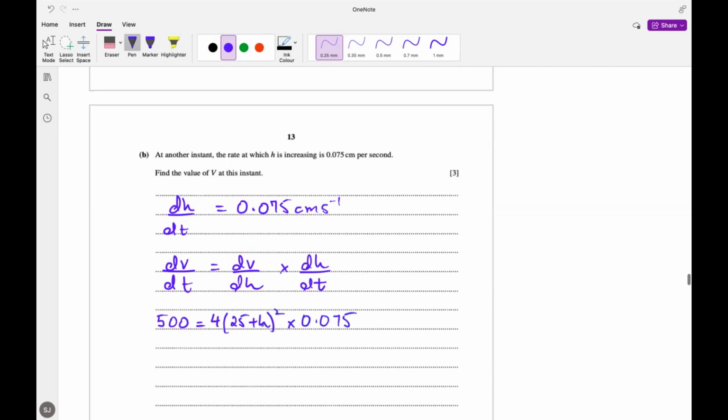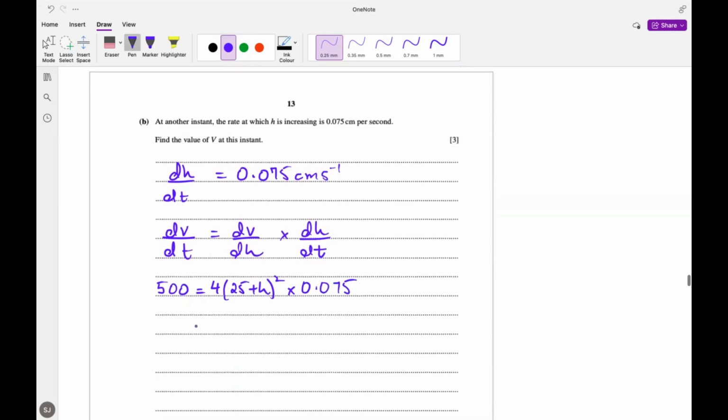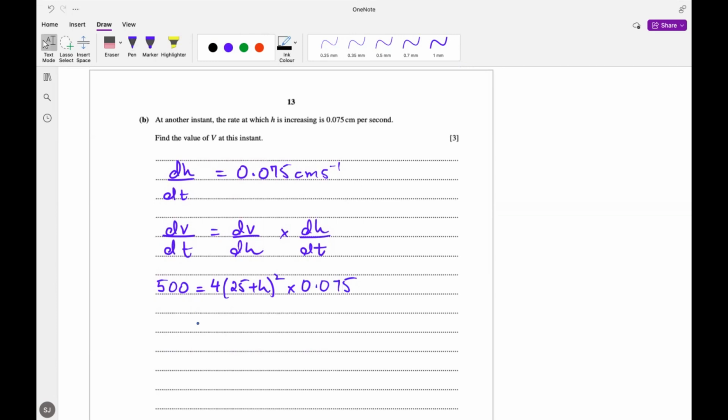Using this equation, we'll find the value of h and substitute it into the original equation to find the value of V. So 500 divided by 0.075 is equal to 6666.66, which is equal to 4(25 + h)².